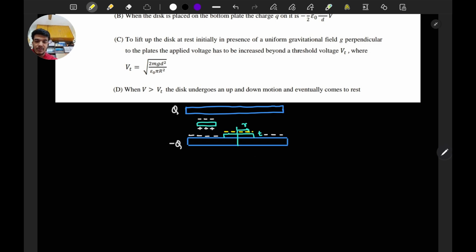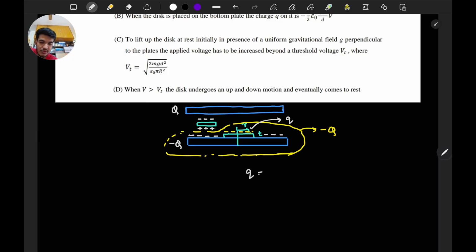And easily we can see, since the charge has to be conserved in this entire system, this has to be totally minus Q. So if the charge on this plate is small q, then q has to be equal to capital Q by total area A into the small area.